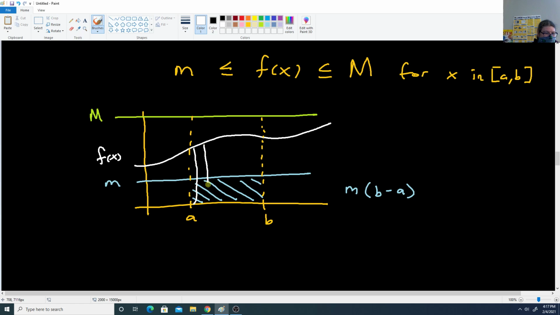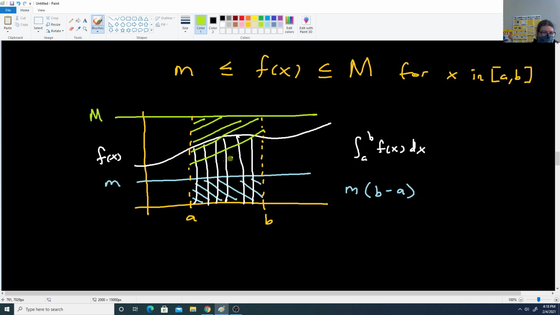The area under the curve of f includes more area than the area under just m. It includes all of m, and since f of x can take larger values, it includes some region in between. The area under f of x is the integral from a up to b of f of x dx. And finally, the area under the curve of capital M, since capital M is above everybody, will encompass everyone else's area, and this will have the most area.